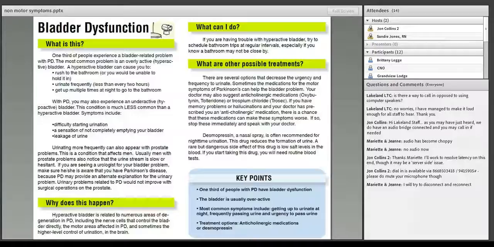Drinking too much water can cause a decrease in sodium in the blood and cause electrolyte imbalances. So you're damned if you do and damned if you don't. But as long as you're aware that these issues can be a major problem and very embarrassing for people with Parkinson's. Okay, well, that's the last slide I have.